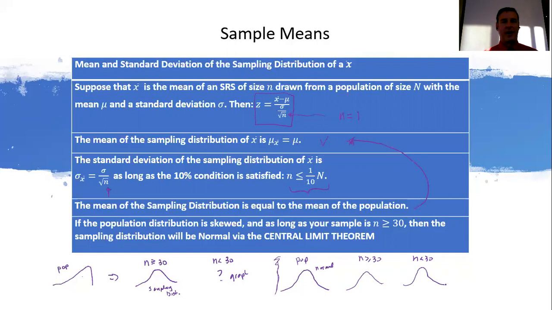Those aren't great drawings, but they're both going to be approximately normal. So the central limit theorem is really only important when your population distribution is skewed or they don't tell you what it is. If the population is supposed to be normal to begin with, as you see highlighted in yellow, then your samples, regardless of size, will be approximately normal as well.